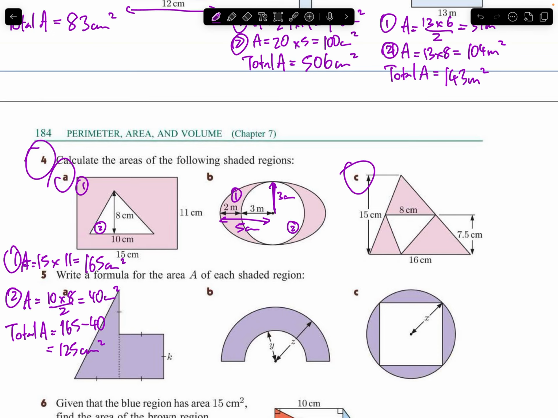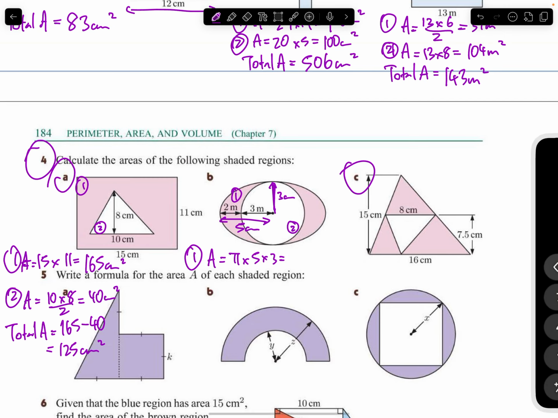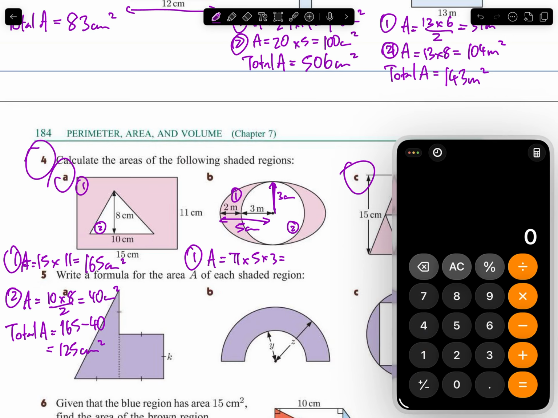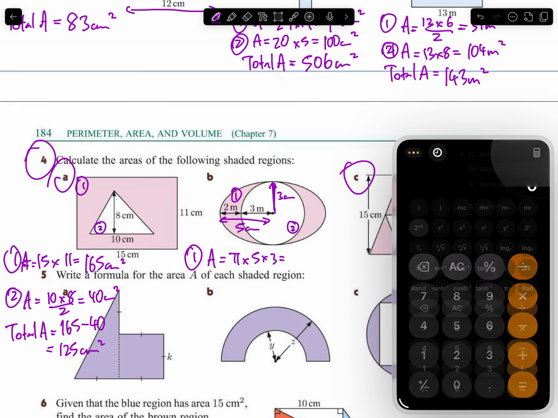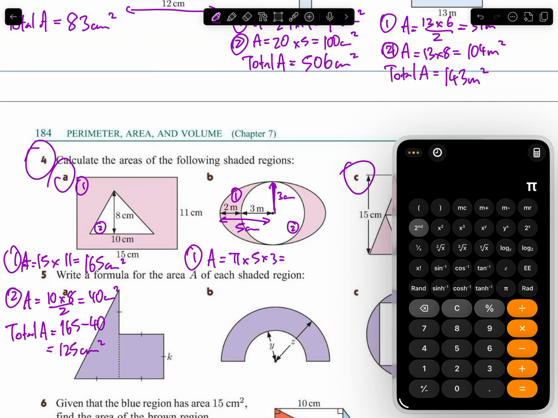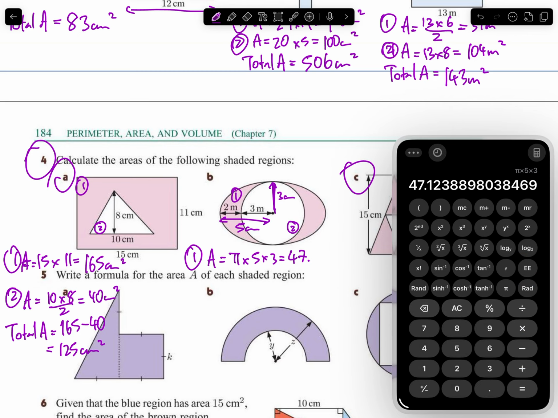So area 1 is area equals pi times a, 5 times by 3. Pi times 5 times 3 is 47.12 square meters to 2 decimal places.